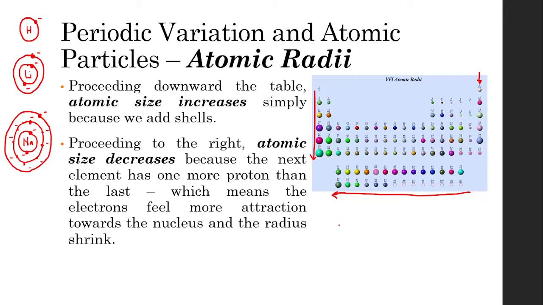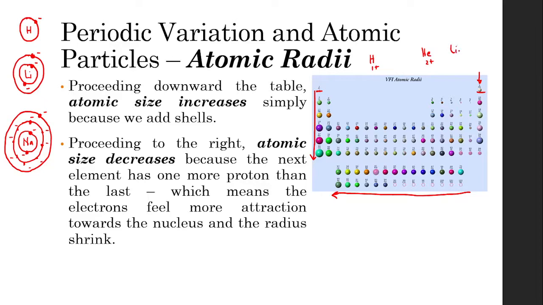And this makes sense because if you remember, the only difference between, for example, hydrogen and helium is the number of protons. Hydrogen has 1 proton and helium has 2 protons.